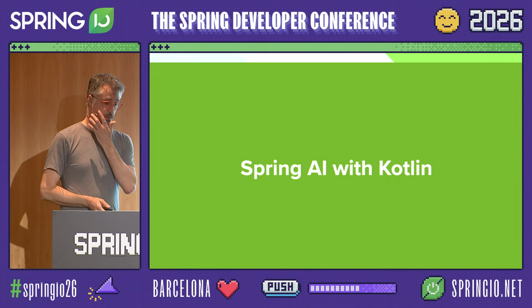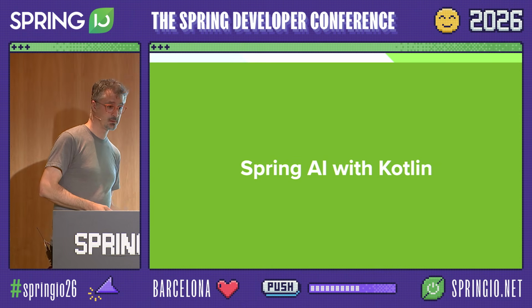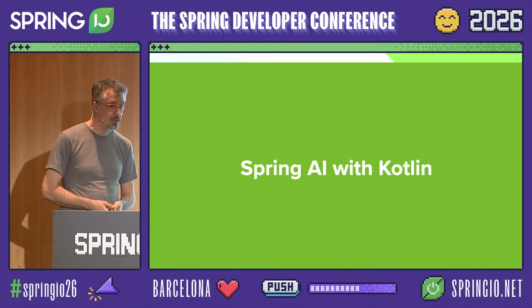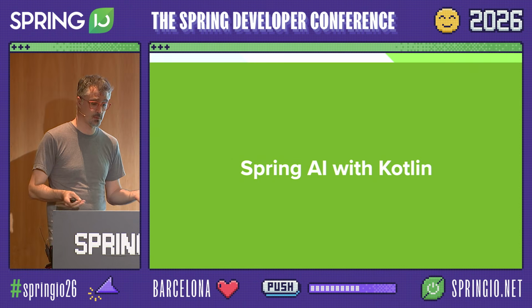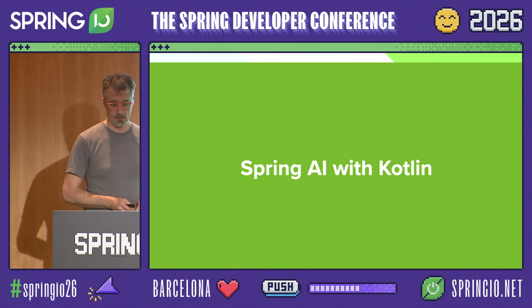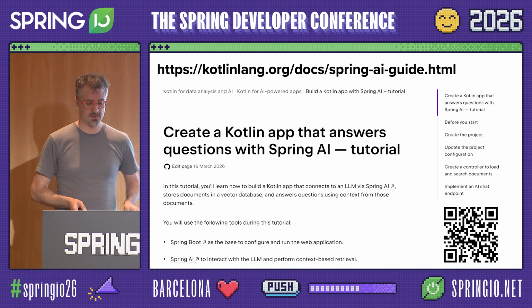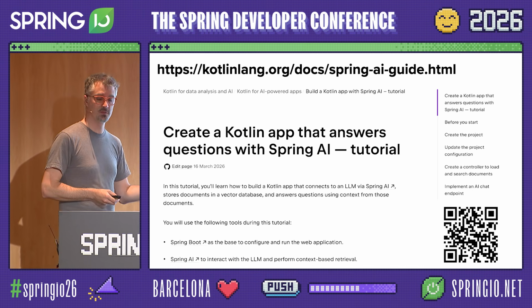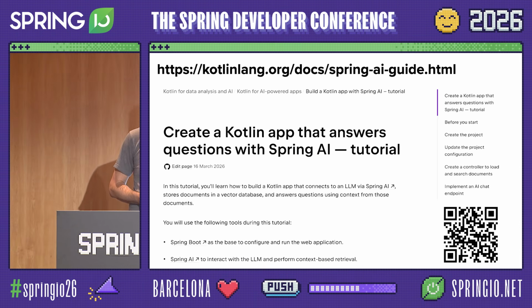Okay, Spring AI. Like I said, I have recently joined the Spring AI project. As you know, I'm a big fan of Kotlin, so it looks like we are also going to provide more Kotlin support. There is already some Kotlin support. There is an official Spring AI tutorial on the Kotlin website, so you can have a look.